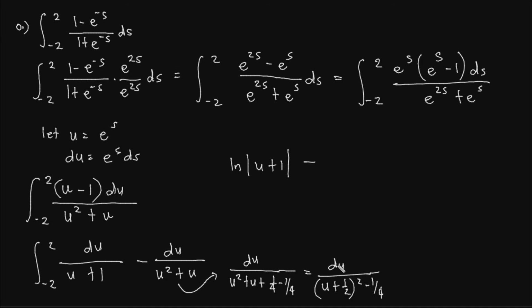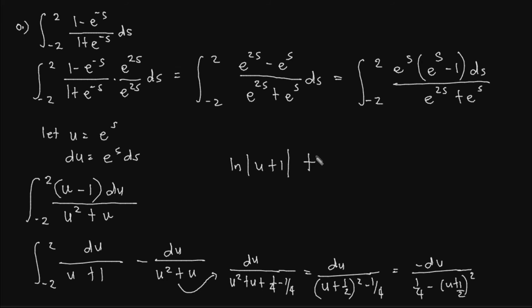Now for this case, since this is negative, you can use your hyperbolic tangent function. Just make sure na you have the negative sign. So in this case, this becomes positive kasi babalik rin natin tong expression na to in terms of negative du over 1/4 minus u plus 1/2 raised to the second power.